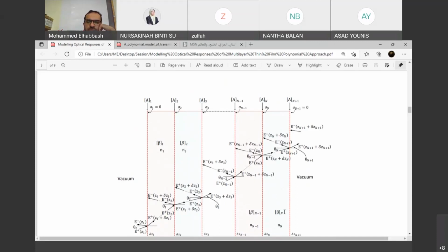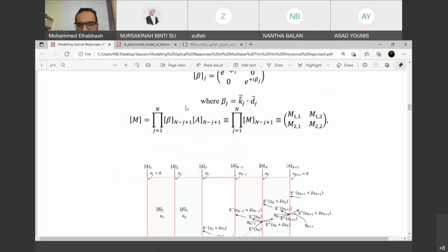So we start by the propagation matrix for layer number N, then we take the product of this matrix with the interface matrix between layer number N and layer N-1.